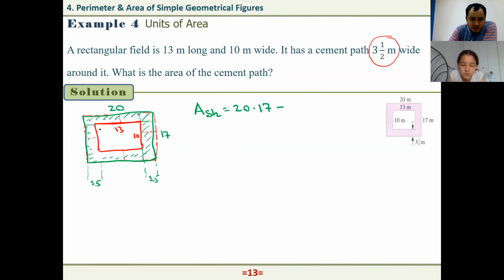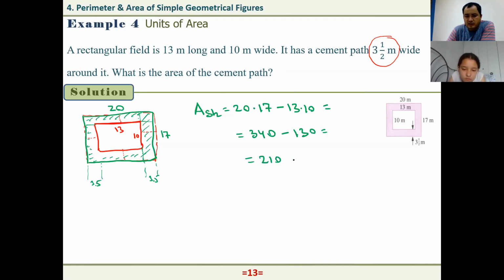What is the area of this small rectangle? Length is 13, width is 10. So 13 times 10. And 20 times 17 is 340, minus 13 times 10, 130, which is equal to 210 square meters. So the area of the cement path is 210 square meters.